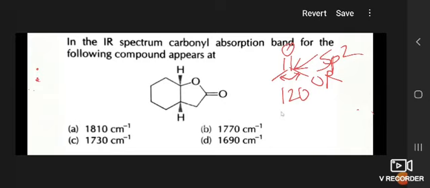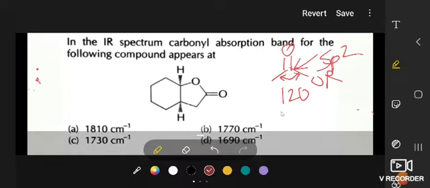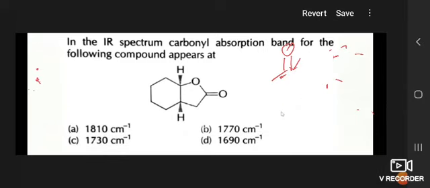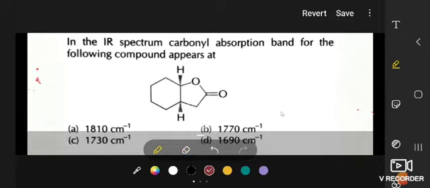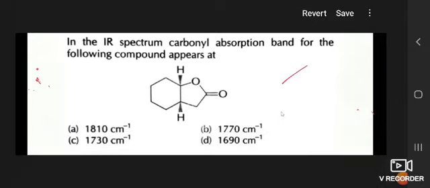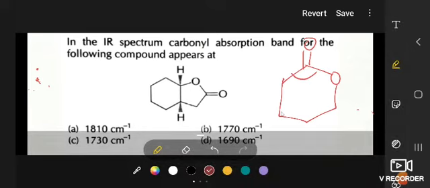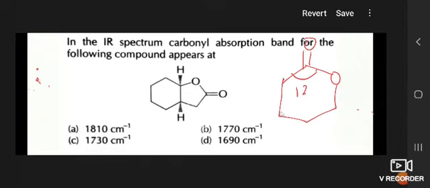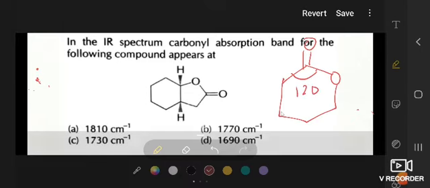Okay, now when we consider the cyclic compound of the ester, that means lactone, here you can see that this is the cyclic ester and it is a 6-membered cyclic ester, that means a lactone, and here also the bond angle is 120.